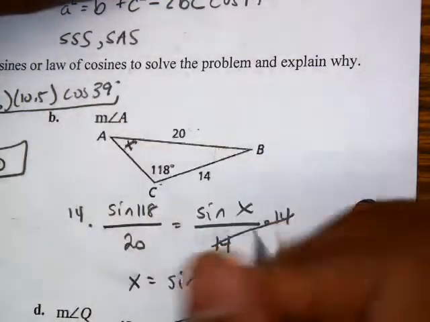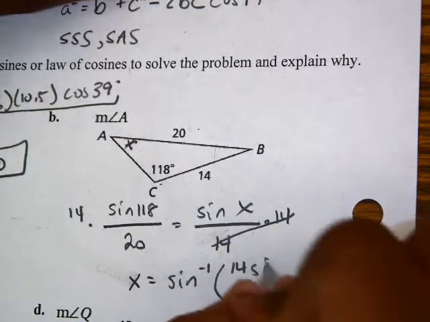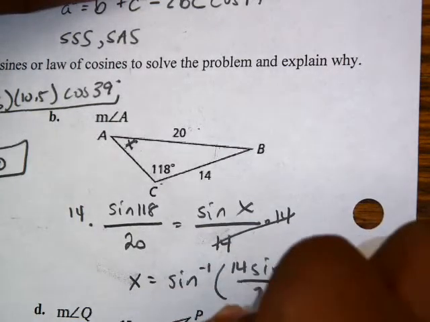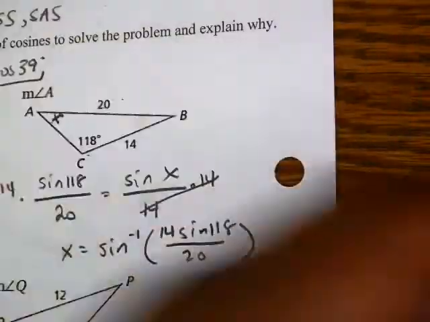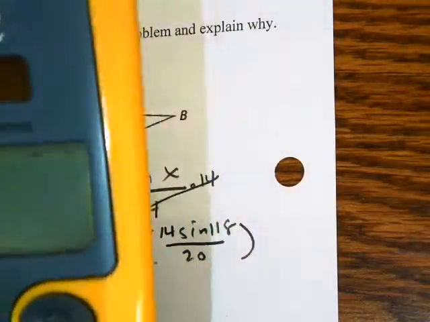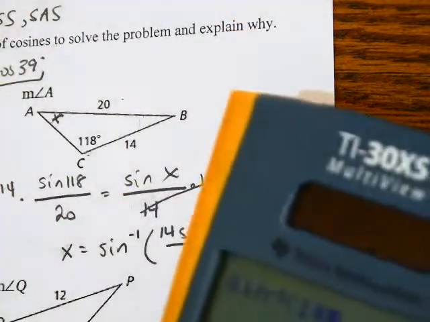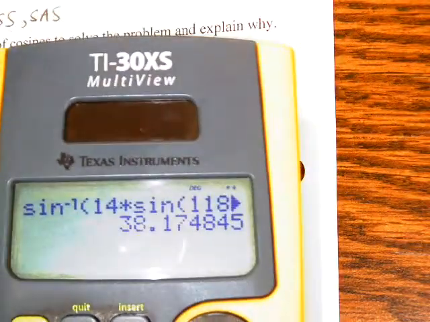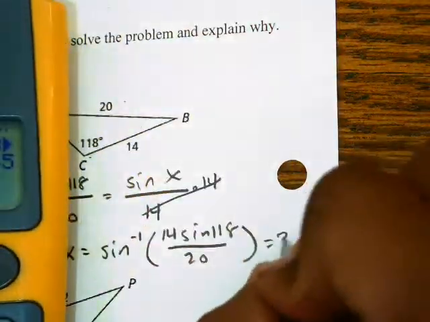Okay, then I need to type all that in the calculator. 14 sine 118 over 20. Inverse sine, 14 times sine of 118, close the parentheses, divide by 20. And that gets me about 38 degrees.